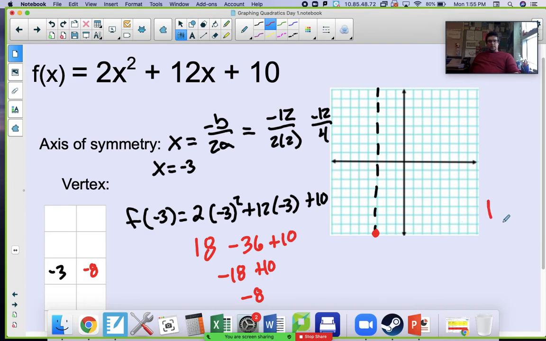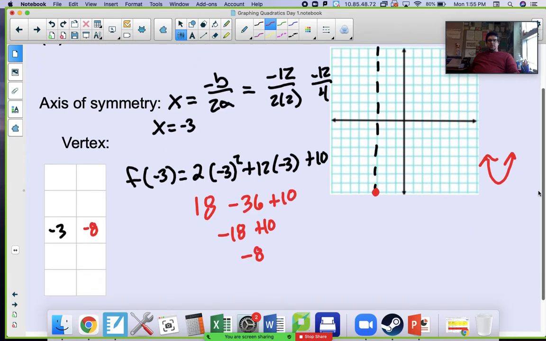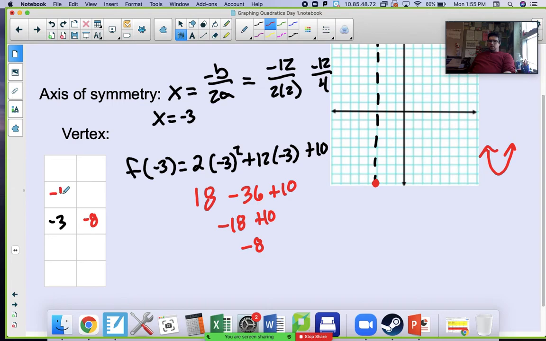So our parabola, we expect it to do this. In our table, we have -4, we have -5, -2, -1. So the cheater's method tells us that we're supposed to go by 1 and by 3, and then 1, and then by 3.